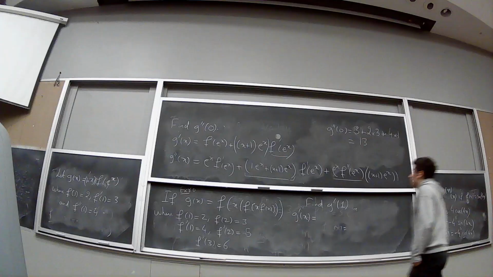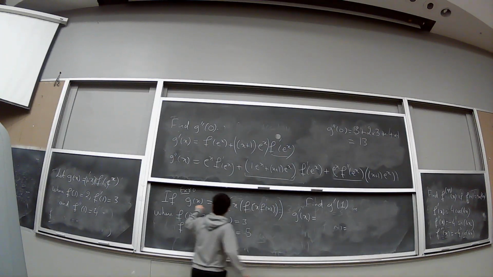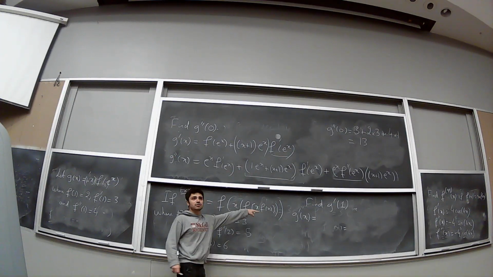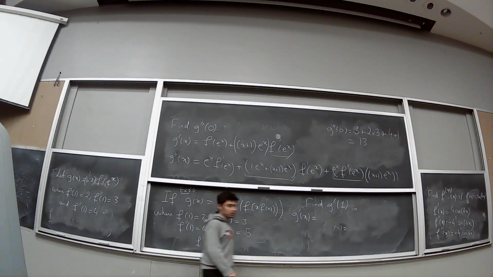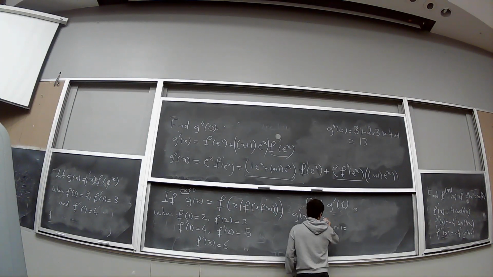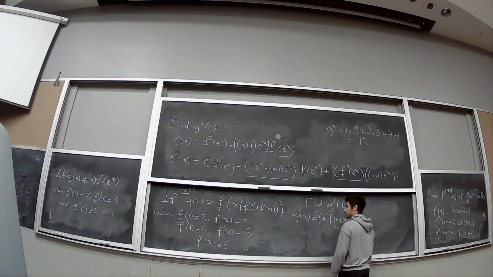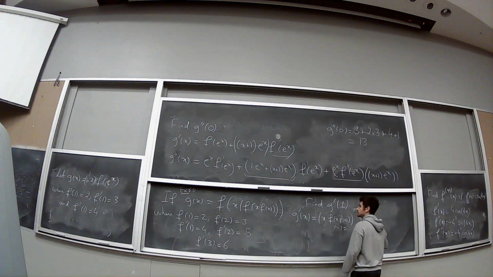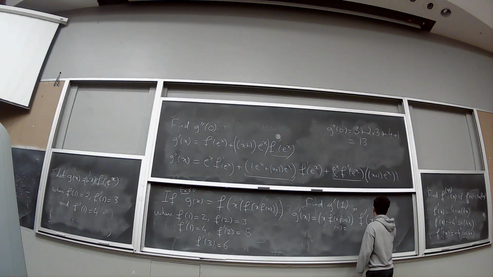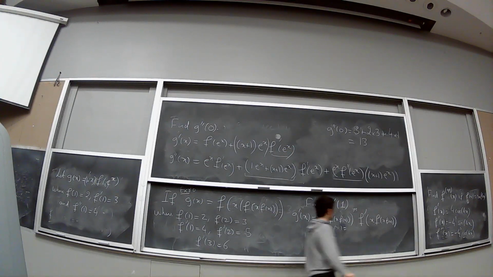Now, the first thing I can realize is that g of x is f of something. So if I want to differentiate this, what do I have to do? I have to differentiate that something, prime times f prime. Is that good so far?